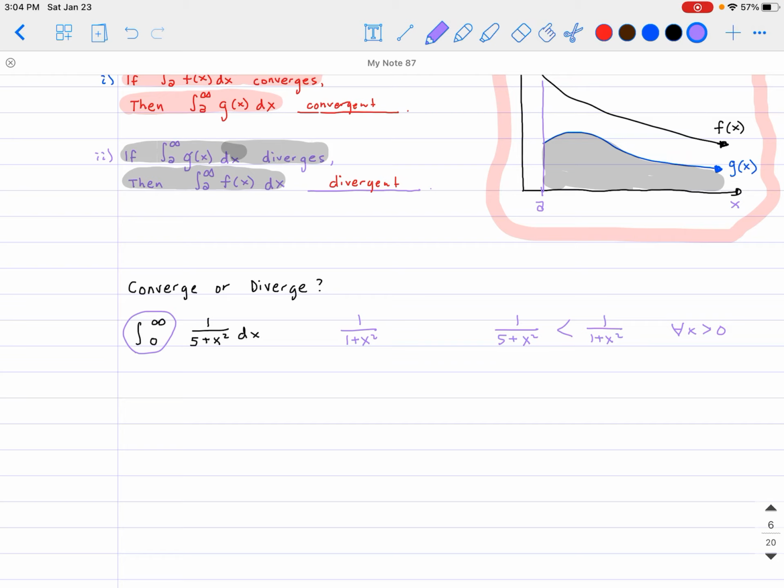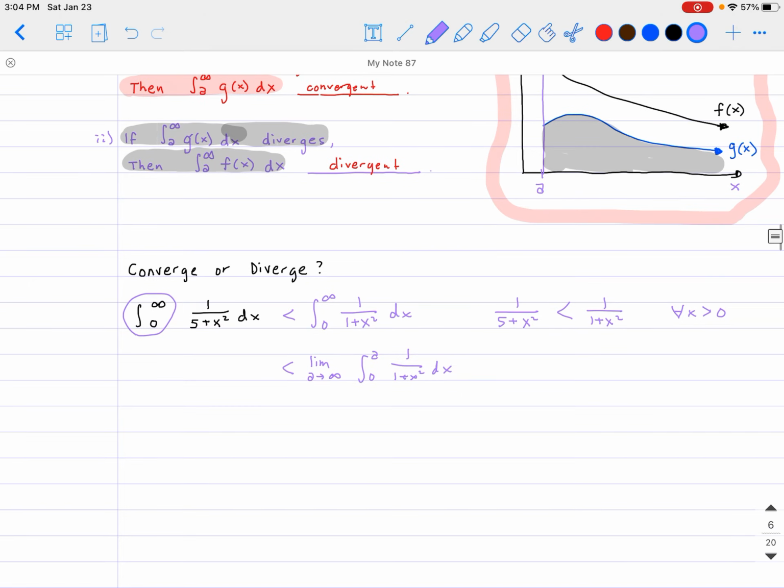So I'm going to take my improper integral and compare it to the integral from 0 to infinity of 1 over 1 plus x squared dx. Now I'm going to set up the improper integral: the limit as a approaches infinity of the integral from 0 to a of 1 over 1 plus x squared dx. Now we could go ahead and take the antiderivative.